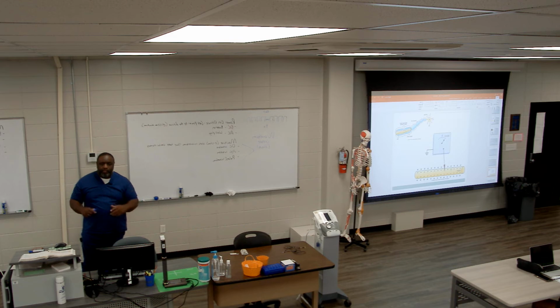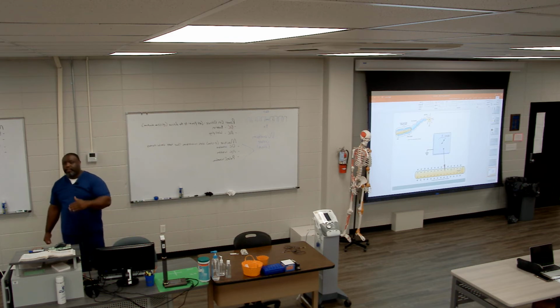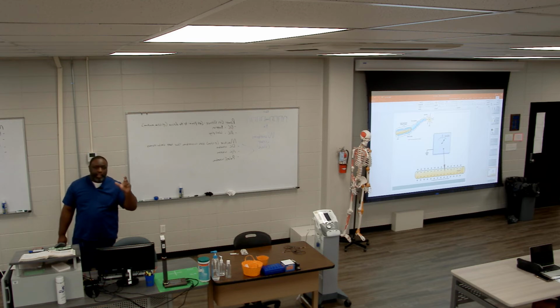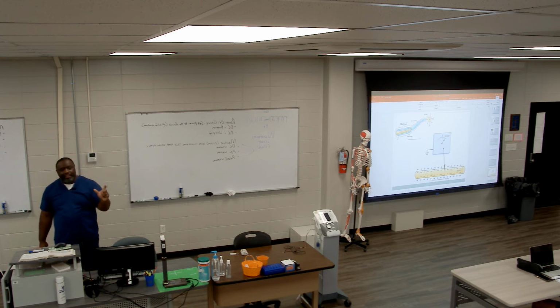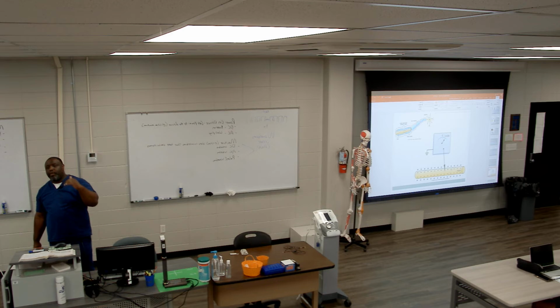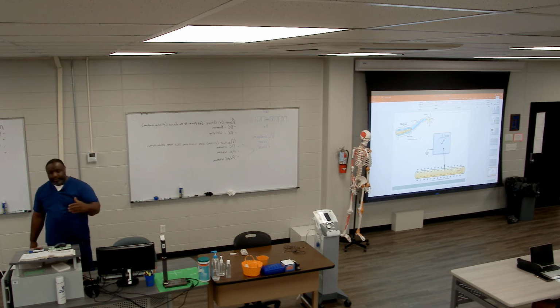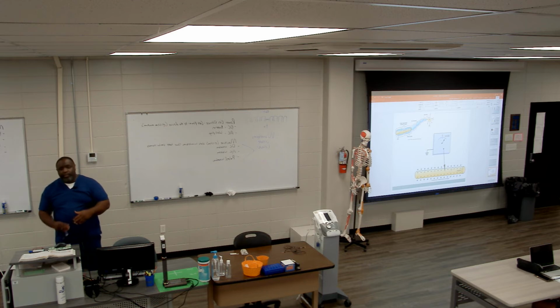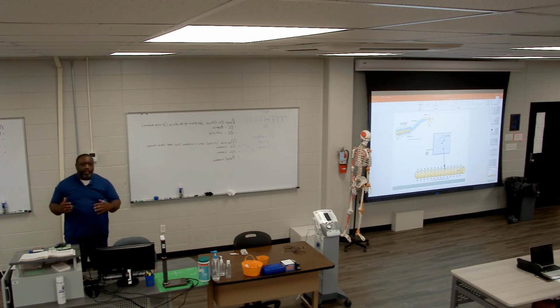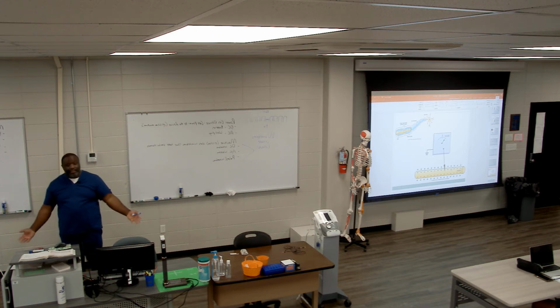So resting membrane potential is a measurement of the electrical activity of what is going on inside of a nerve. So it's letting you know that the nerve is not being stimulated. The nerve is at rest.